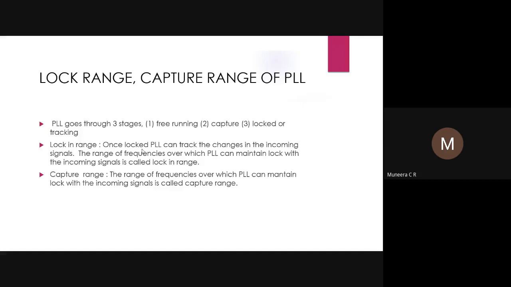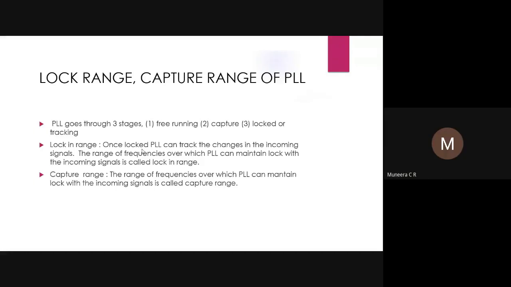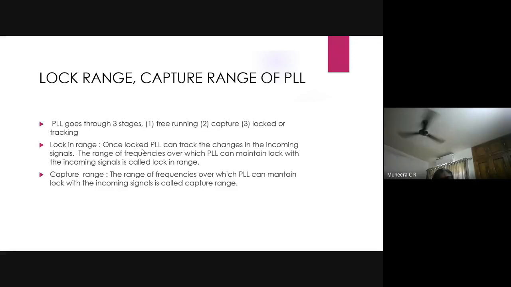So at this stage, the VCO output is at the free running frequency. The second stage is the capture range, the range of frequencies over which the PLL can lock with the incoming signals.